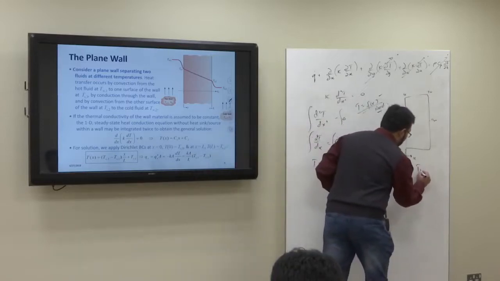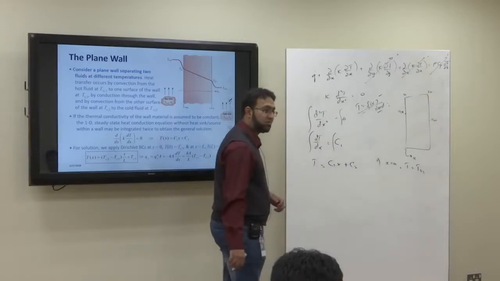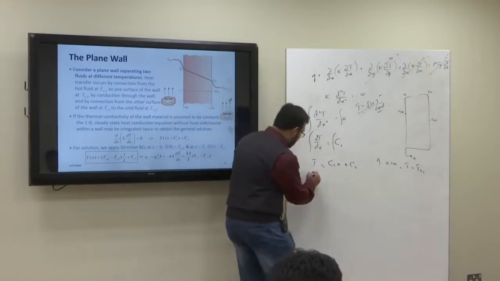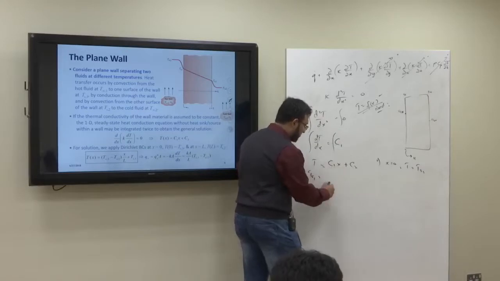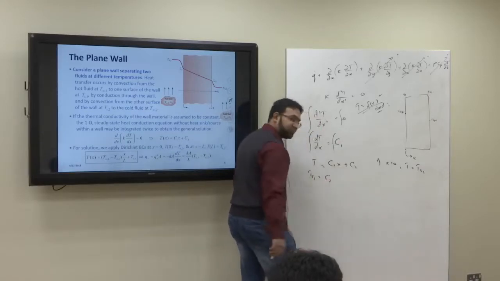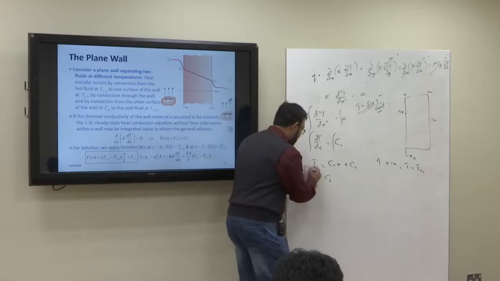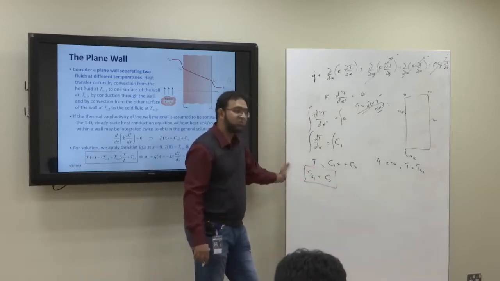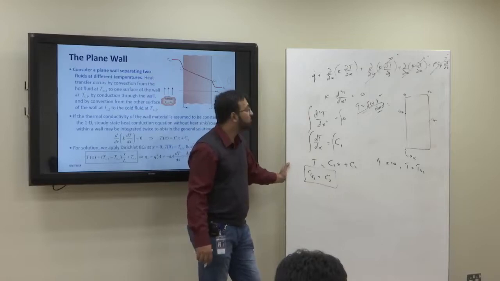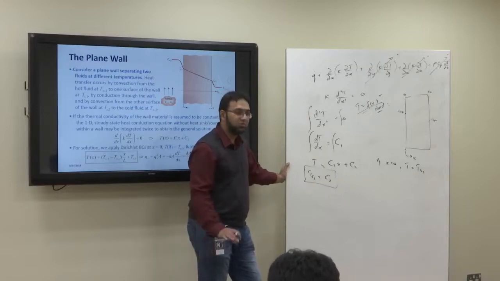Let's substitute it. So Ts1 is equal to, when x is 0, that means this term goes to 0, C2. So you got the value of C2, because Ts1 and Ts2 are the boundary conditions, they are known.